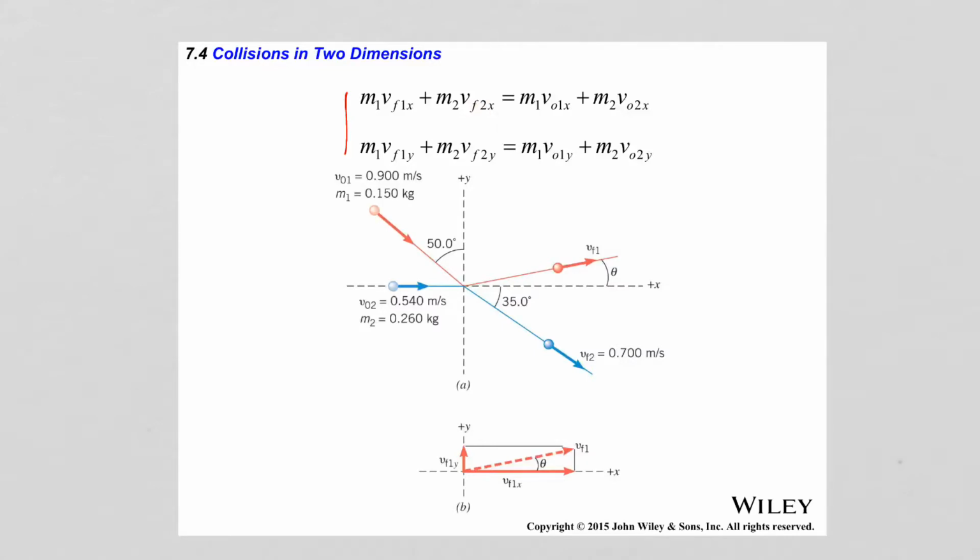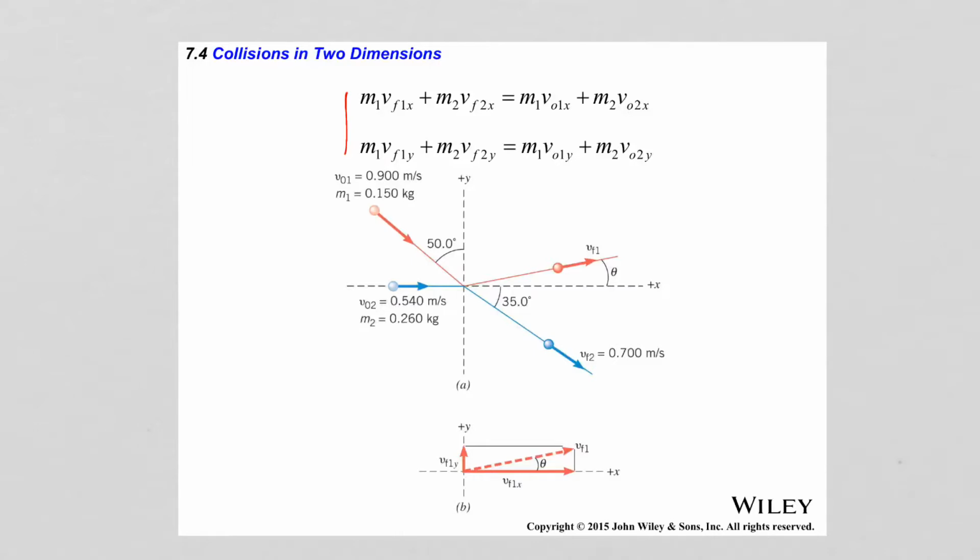But we have four unknowns total, right? Let's say if we know the initial velocities of the two spheres, then we have four unknowns for the components of the final velocity. So if we want to find those, we need more equations. So where do these equations come from? They come from conservation of kinetic energy.